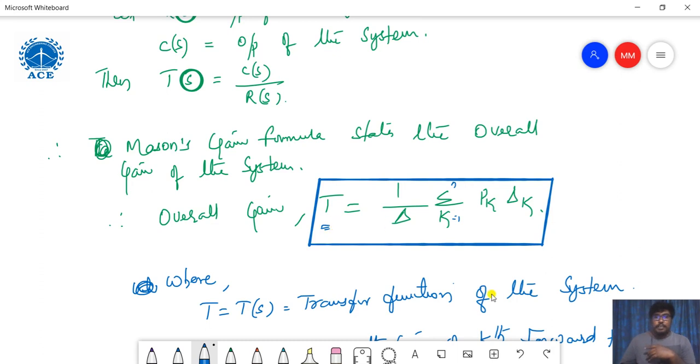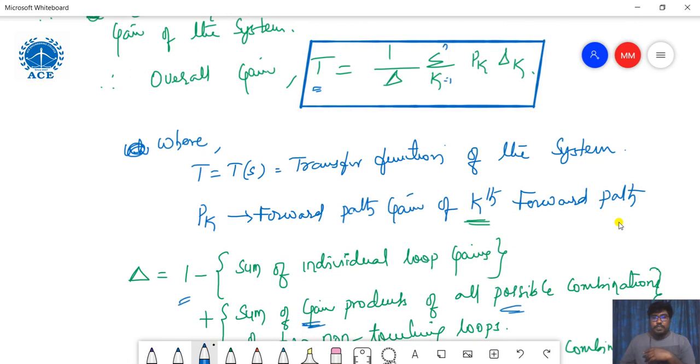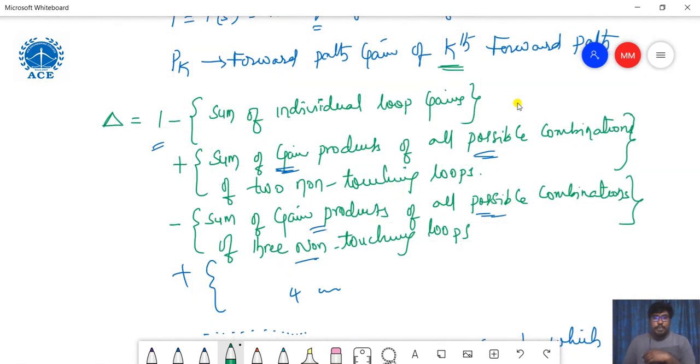Then, in terms, T means the transfer function of the system. Pk means the gain of the kth forward path. Delta is 1 minus the sum of individual loop gains, if individual loops exist in the graph, plus the sum of all possible gain products of combinations of two non-touching loops, minus three non-touching loops, plus four non-touching loops, and so on, right?